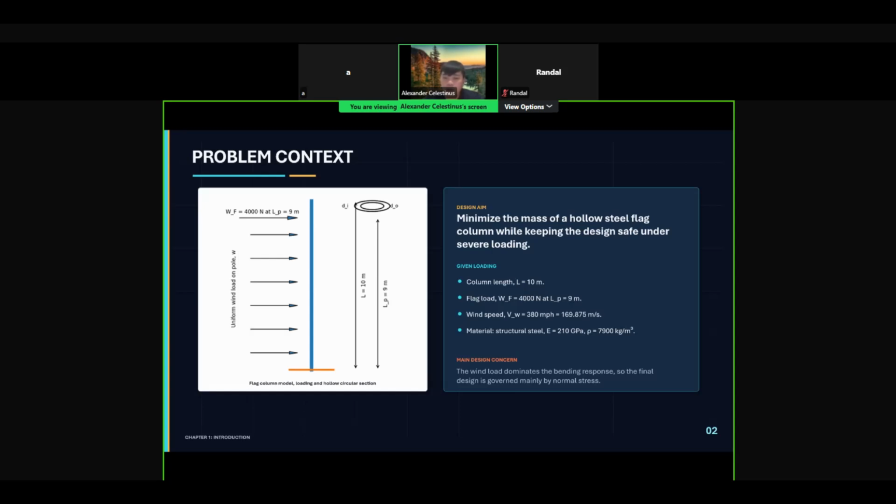The given loading is: column length 10 meter, back load 4,000 Newton at 9 meter.